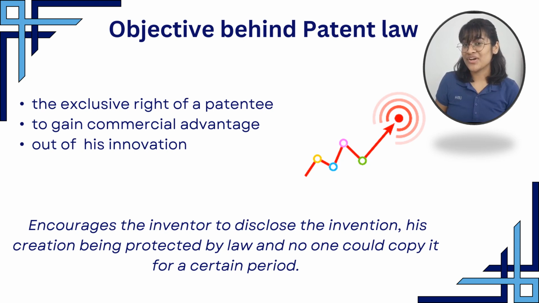It is pertinent for us to know what was the objective behind the passing of the patent law. The objective behind the patent law is to encourage the inventor to disclose the invention, with respect to which he will be protected by law so that nobody copies his invention till the time he has been granted patent.